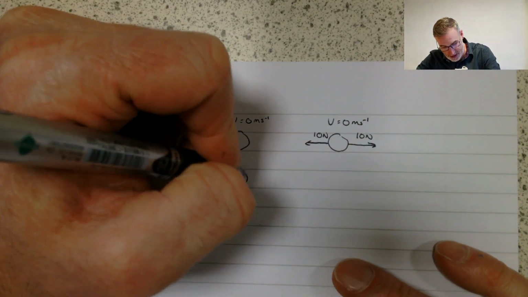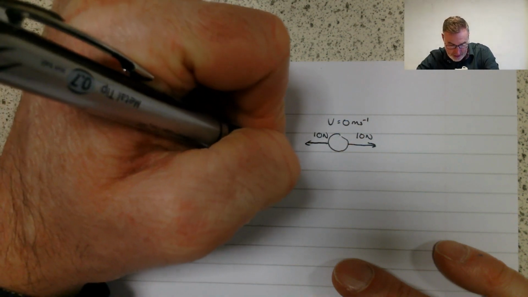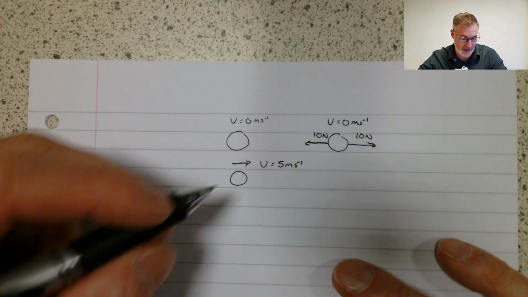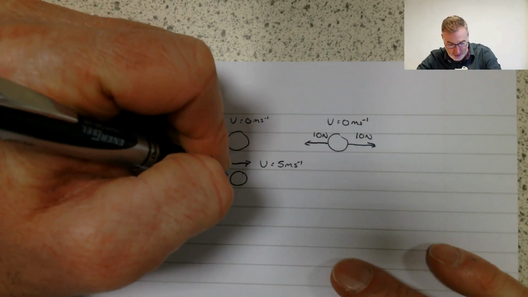If, on the other hand, we have an object that is already moving with a velocity, we know at that point that the forces must be balanced. Now, it doesn't just need to be an equal pairing.